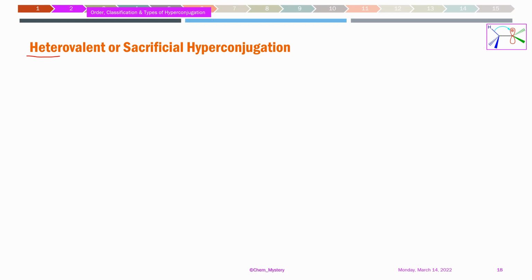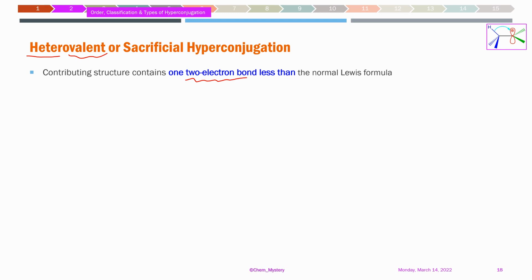What we get is a total of 8 bonds left. One bond is broken over there, and one bond is broken over here. In lieu of that, only one bond is formed. So out of 9 bonds, 1 bond is missing now. That is what we mean by sacrificial hyperconjugation or heterovalent hyperconjugation.